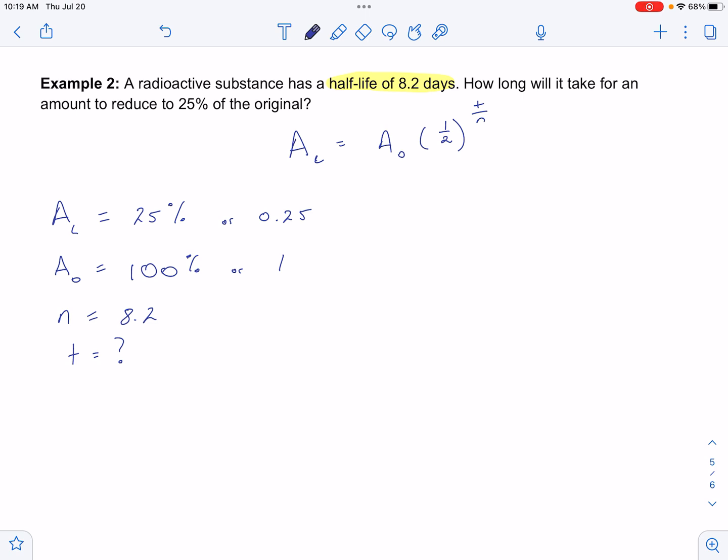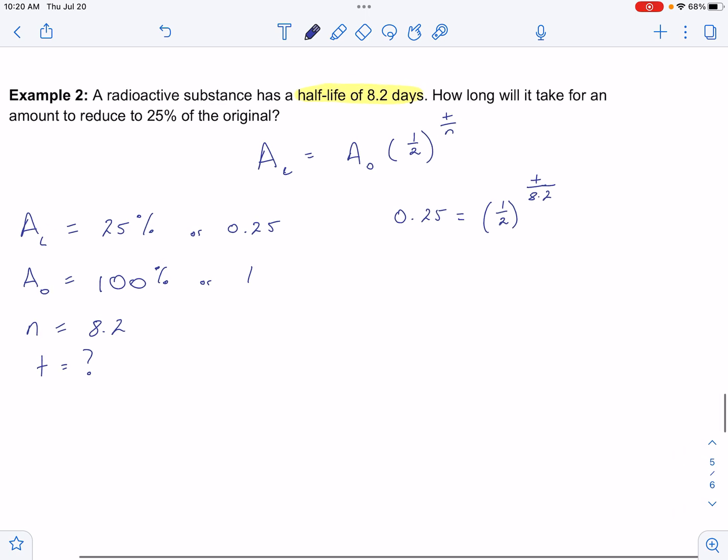I'll substitute this into my equation here. A_L is 0.25 times, I could write 1, I don't need to write 1 though, (1/2)^(t/8.2).